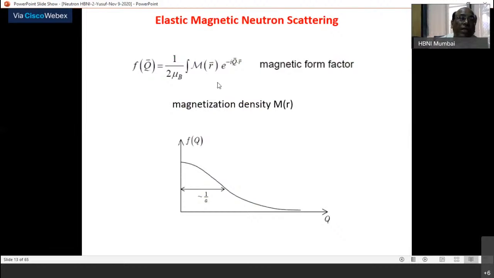And if you do the Fourier transformation of that, you get some factor which is again called the form factor. That is in Q space. So it is the Fourier transformation of the magnetization density distribution in real space, for 3d transition metals the 3d state, for rare earths the 4f state, for actinides the 5f state, and so on.